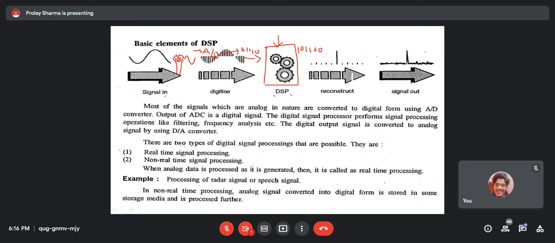This processing has been done on the digital signal. So this is the bitstream. Now it is to be converted into electrical form.